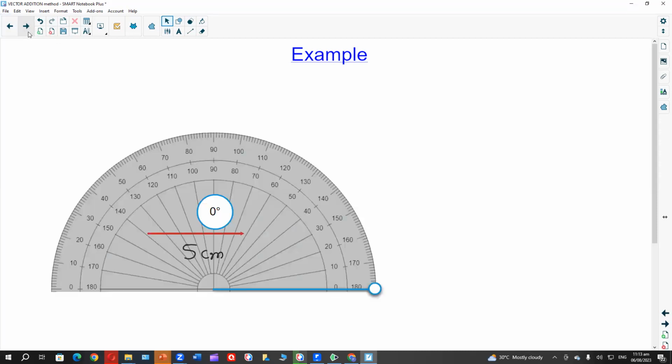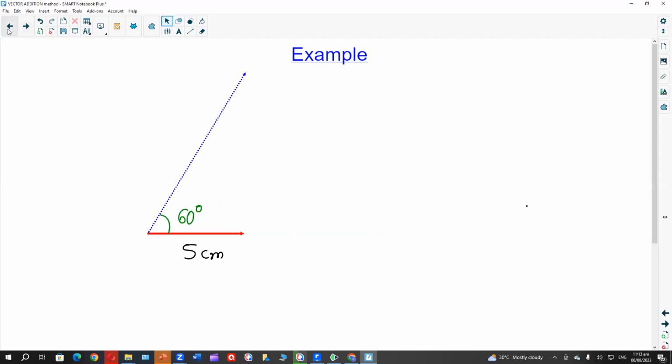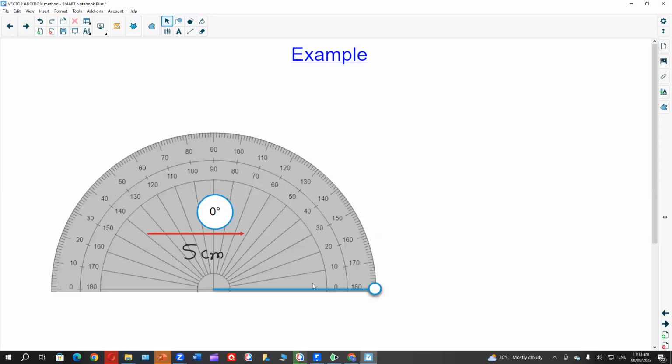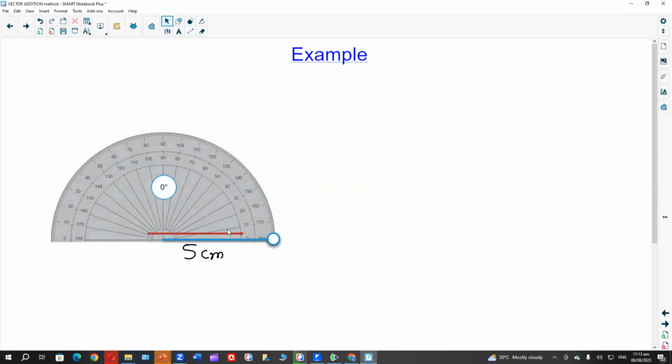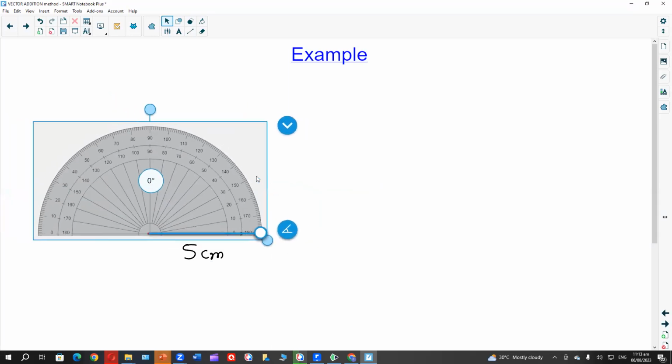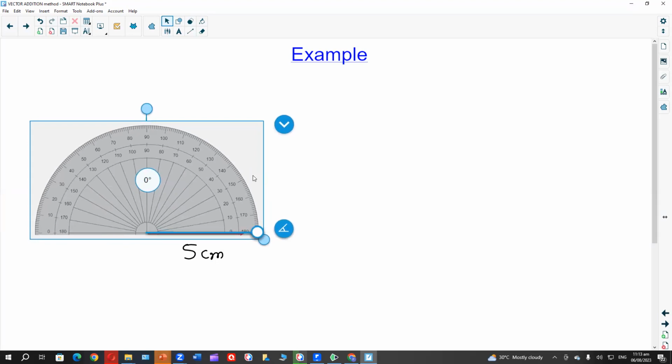Now I put a protractor here. If you put the protractor at this position, make an angle of 60 degree. Like this, put the protractor and make an angle of 60 degree.